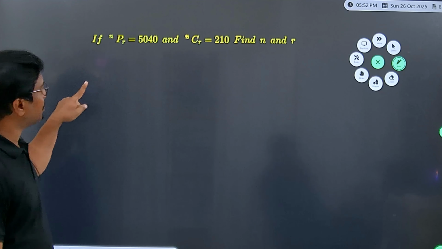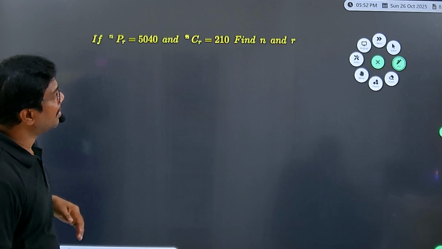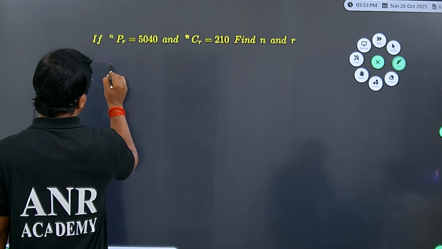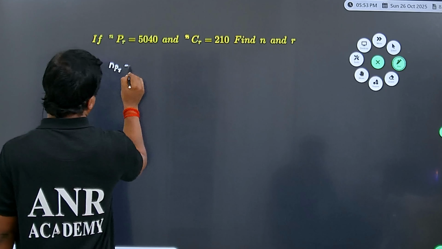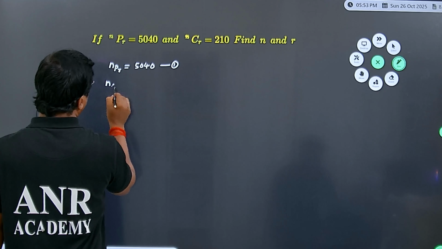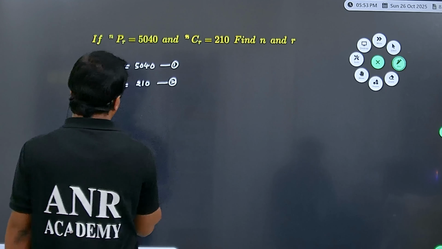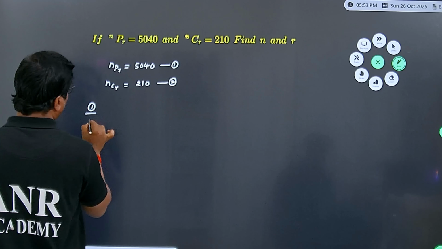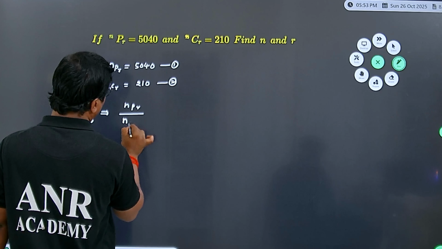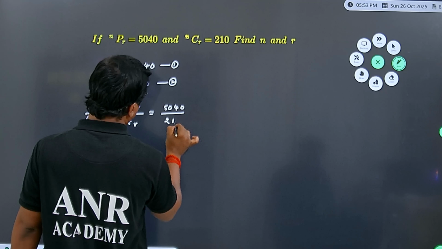nPr equal to 5040, nCr equal to 210, then find the value of n and r. This is the question. Given that nPr value is 5040 and nCr is given by 210. I am going to write 1 divided by 2. Observe, nPr divided by nCr is 5040 divided by 210.